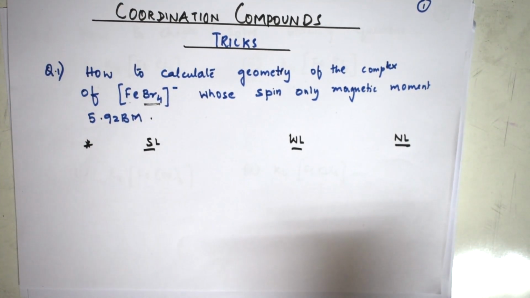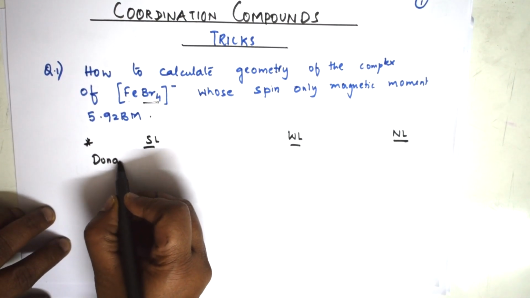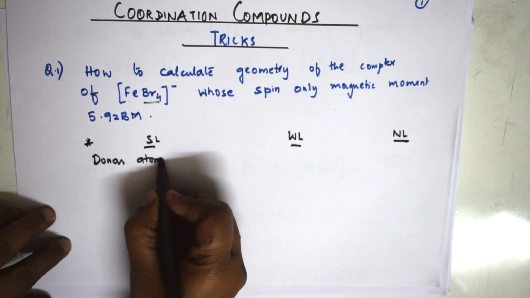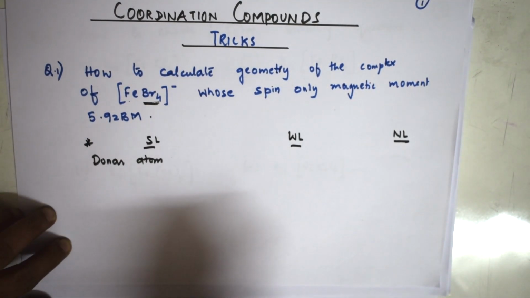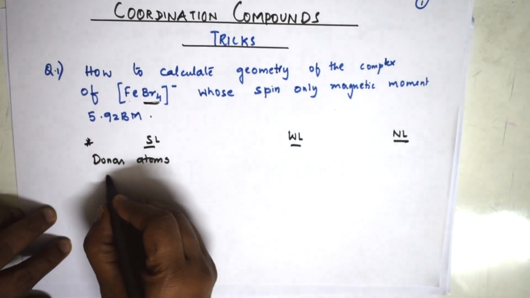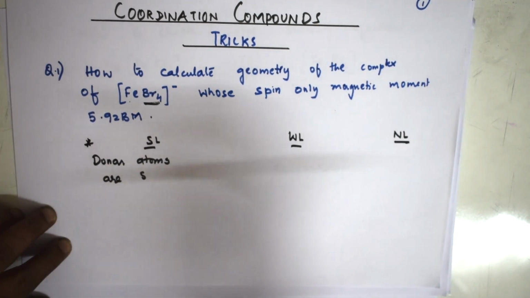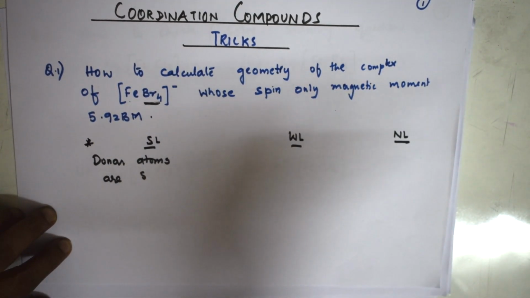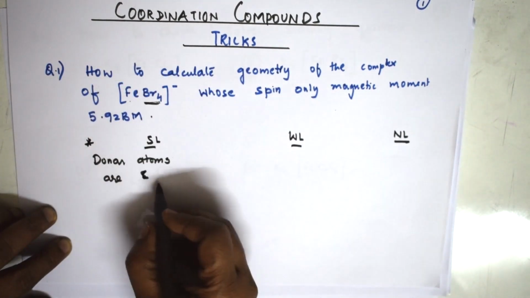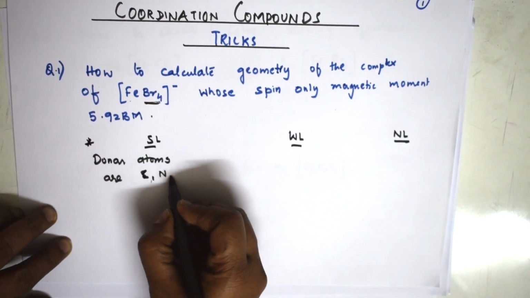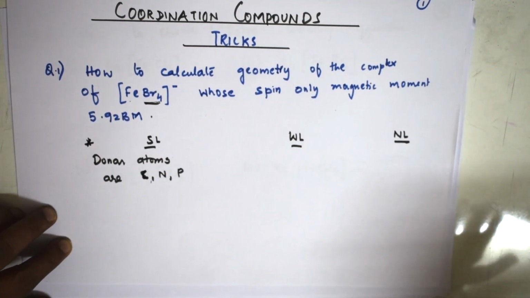So remember, for a strong field ligand, if the donor atom is carbon, nitrogen, or phosphorus, then those are all strong field ligands.